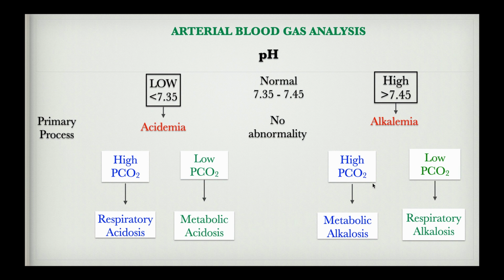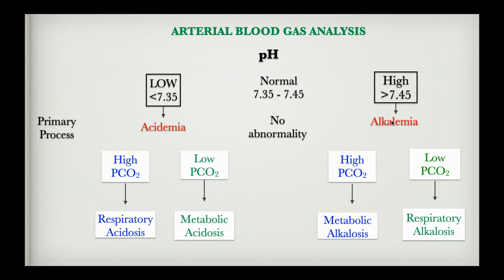Likewise, if the pH and the carbon dioxide are going in the same direction in alkalemia, we are going to have metabolic alkalosis, because the pH is high, which is pointing to alkalosis, and the carbon dioxide is also high. What it means is they are going in the same direction, and so the disorder is metabolic.